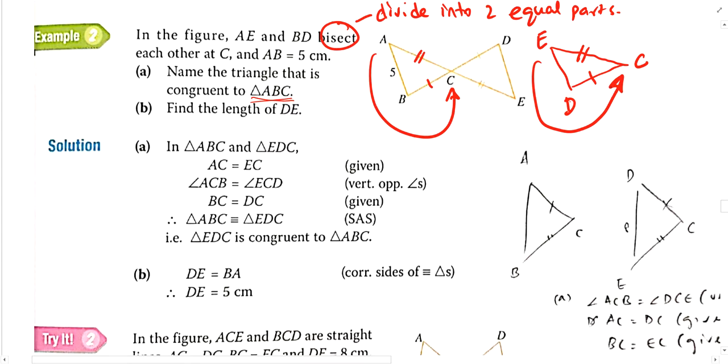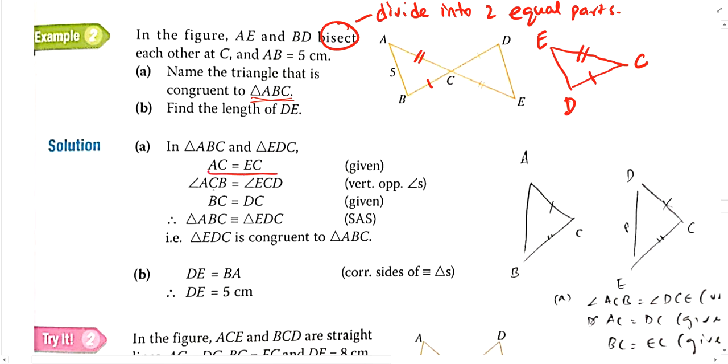EDC. How you name it is important. Are you able to draw this by yourself? Are you able to do this sequence of steps by yourself? I'm sure you can. Okay? So, name the triangle that is congruent.